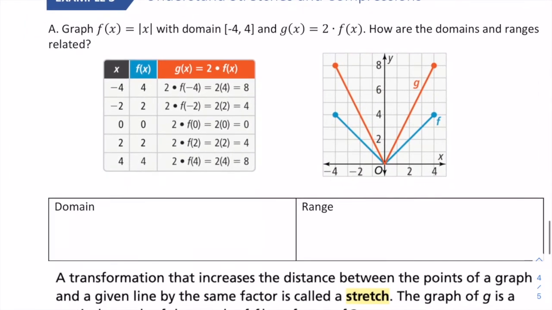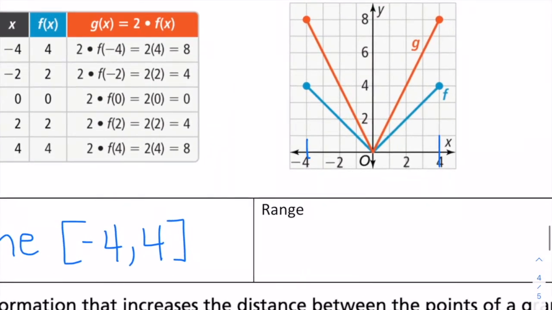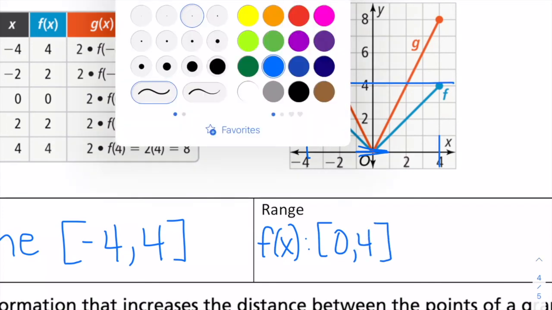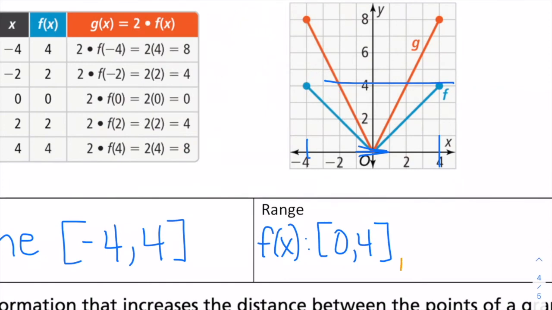So let's compare the domains and ranges. The domain is still the same for both. It goes from negative 4 to 4. But the ranges change. So for f of x, the range was 0 to 4. It went up to 4. But for g of x, remember it was 2 times bigger.